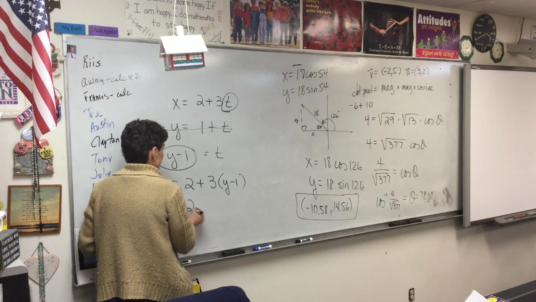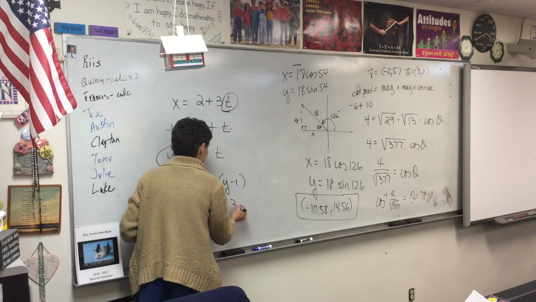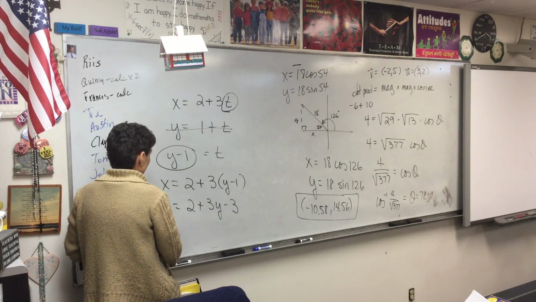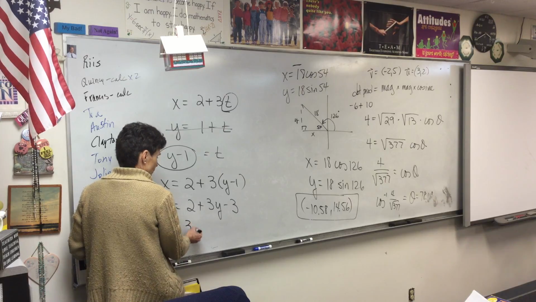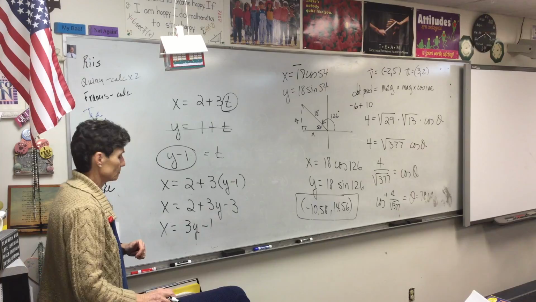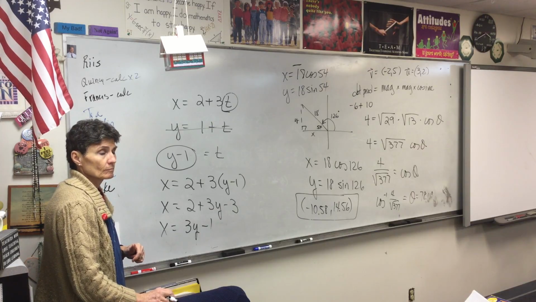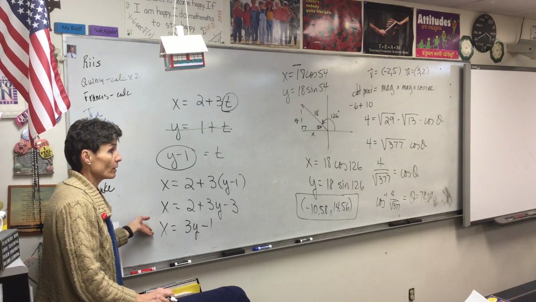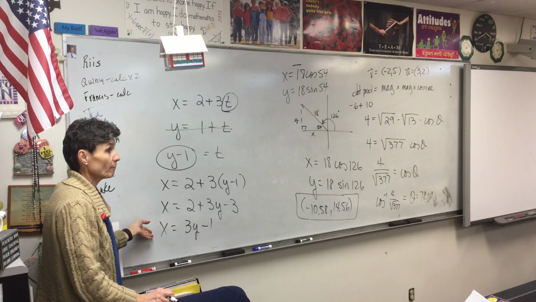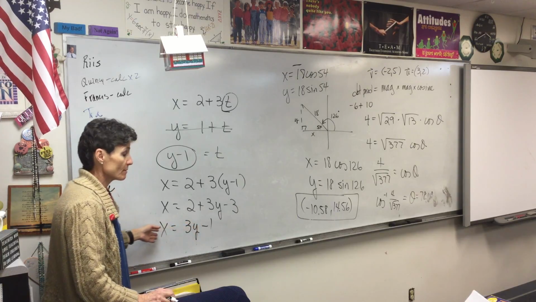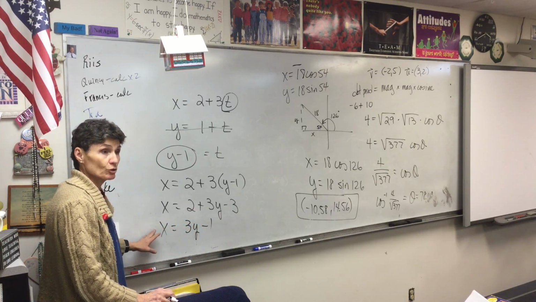So x equals 2 plus 3y minus 3. X equals 3y minus 1. Now, have I written one equation with no t? Yep, we're done. Now, if you want to rearrange that and do some other stuff to it, you can, but it's good right here.